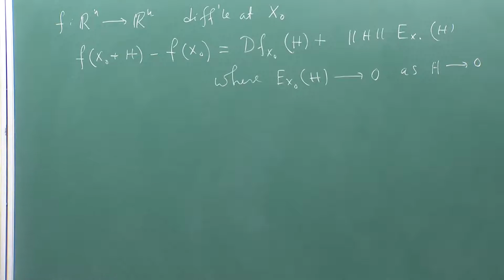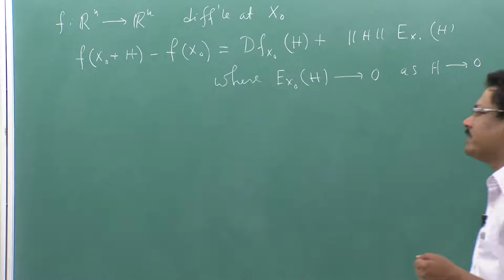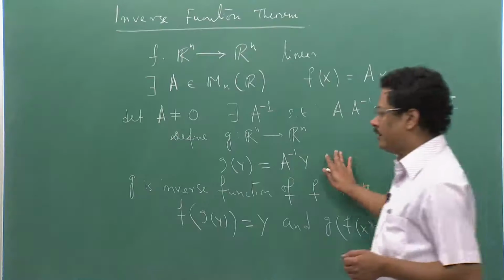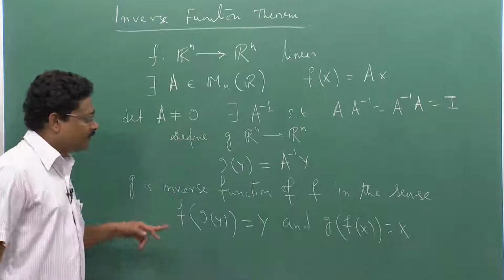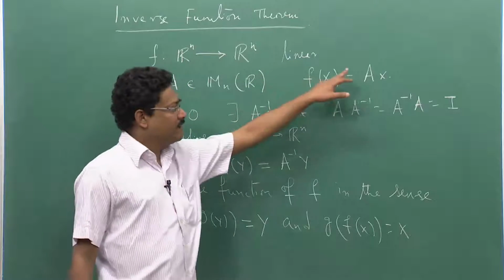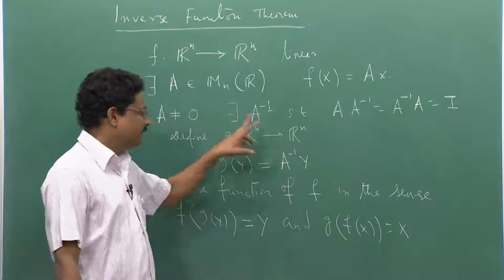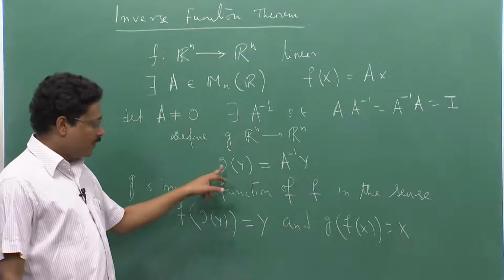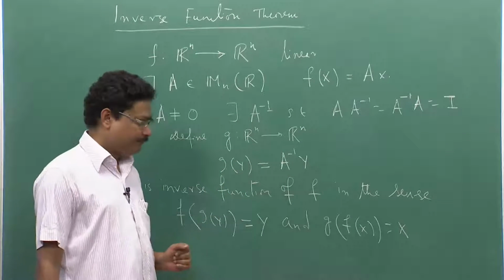By the way, I forgot to mention something here. Coming back to this board, we started with a linear function given by f of x equal to A x, where A is invertible; then I can straightforwardly define g of y equal to A inverse y.